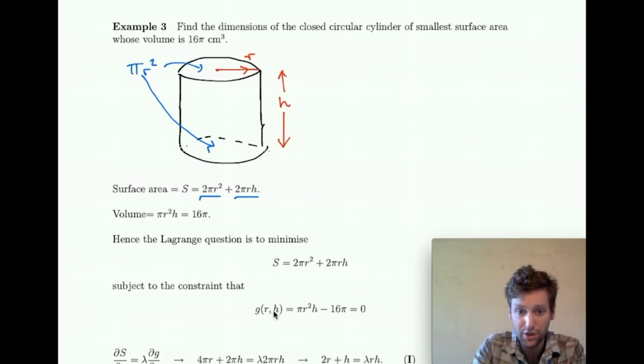And the constraint g of r and h in this case is equal to pi r squared h minus 16 pi. So once again, I've rearranged my constraint so that it's equal to 0. So if we set up our Lagrangian and take the partial derivatives, I'm going to end up with the partial derivative of this is equal to lambda times the partial derivative of this here.